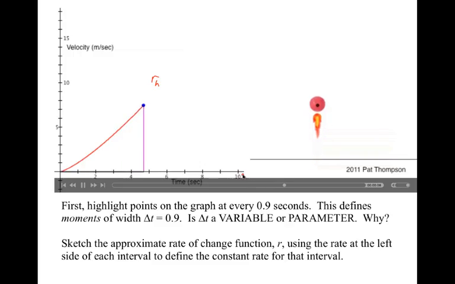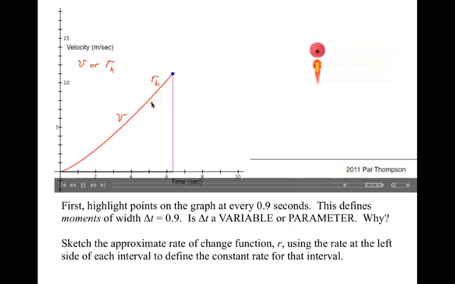R sub h or B. So two names for this function. The exact rate is either B or R sub h.